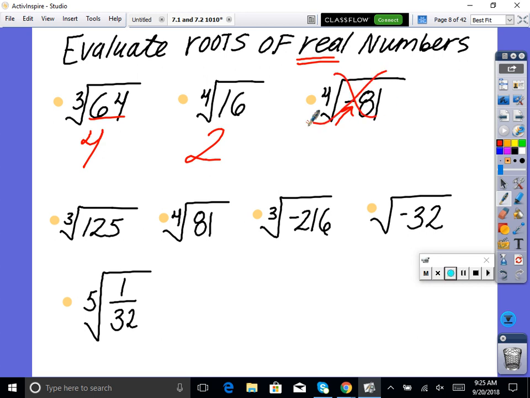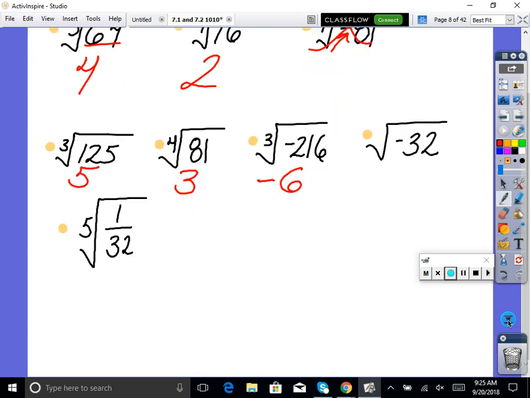Okay, cube root of 125. 4th root of 81. Cube root of negative 216. Negative 6. Awesome. Okay, the square root of negative 32. Not possible.